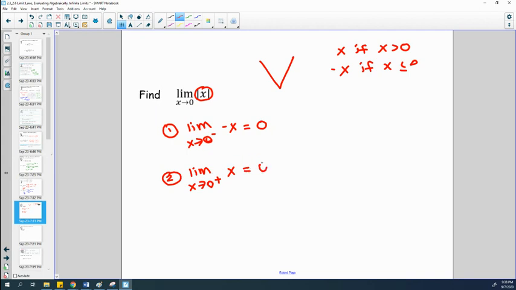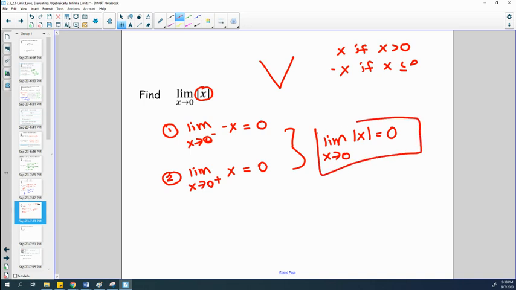Plug in 0, we get 0. The left and the right-hand limits match, so the overall limit as x approaches 0 of the absolute value of x is equal to 0, since they match. Always check to see if they match.